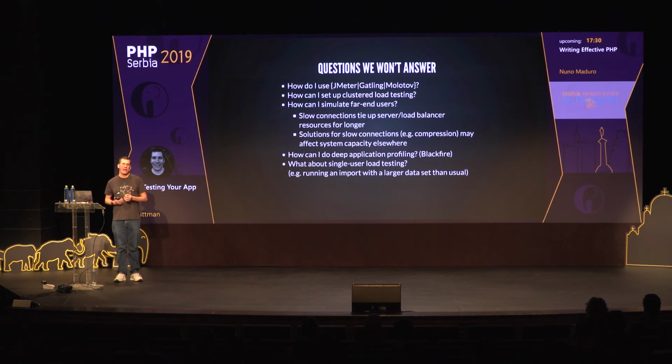The mitigation for that may be to compress data, but then you end up with potential additional resource usage, or even in certain cases, security issues that arise from compressing the wrong thing on, say, a secured connection. We're not going to get into that, but it's something to keep in mind.